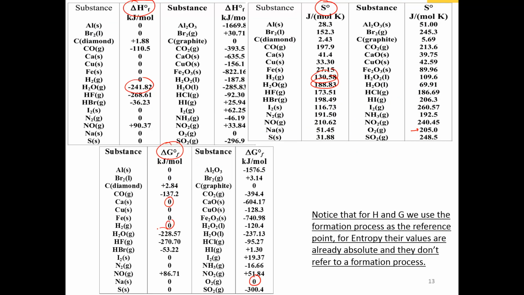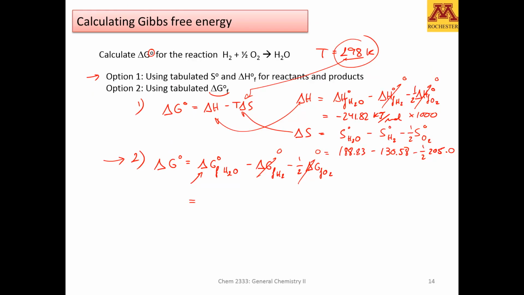In this case it is negative 228.57 kilojoules per mole. It's negative, it's spontaneous. That should make sense, because it's actually a very explosive reaction.